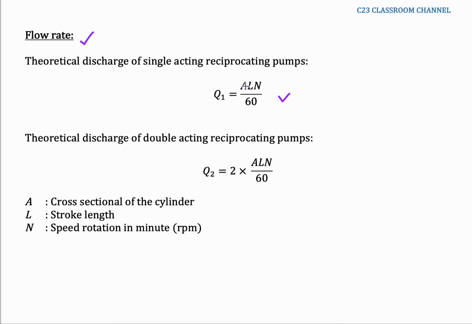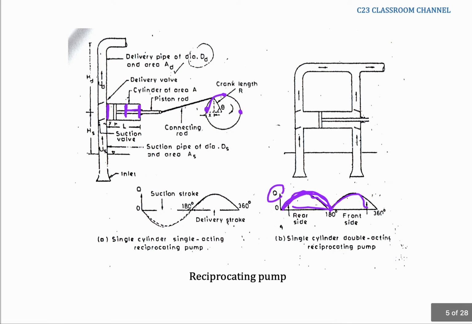The A here is the cross-sectional area of the cylinder. So for this diagram, the cross-sectional area of the cylinder means the cross-section of this chamber.